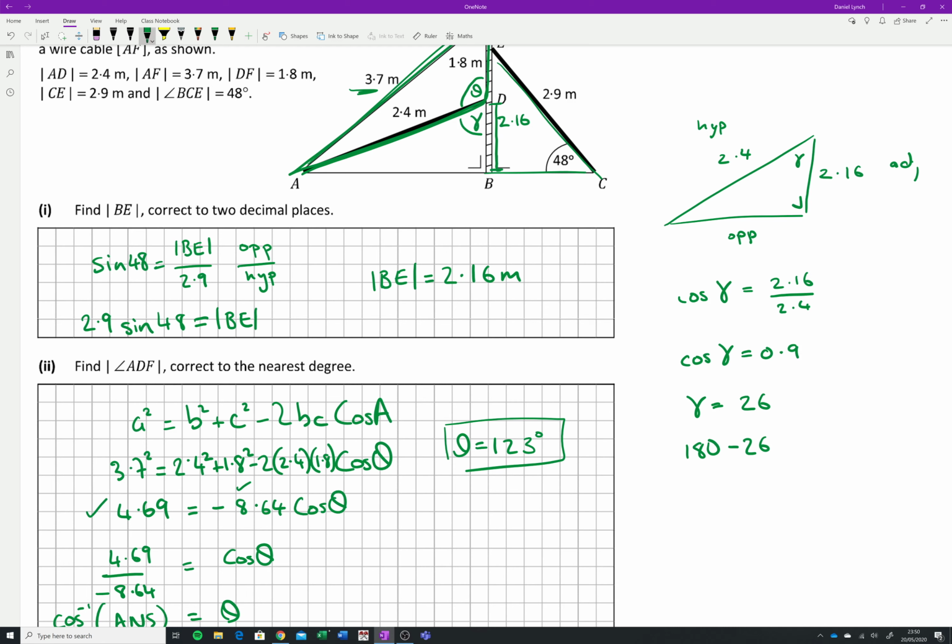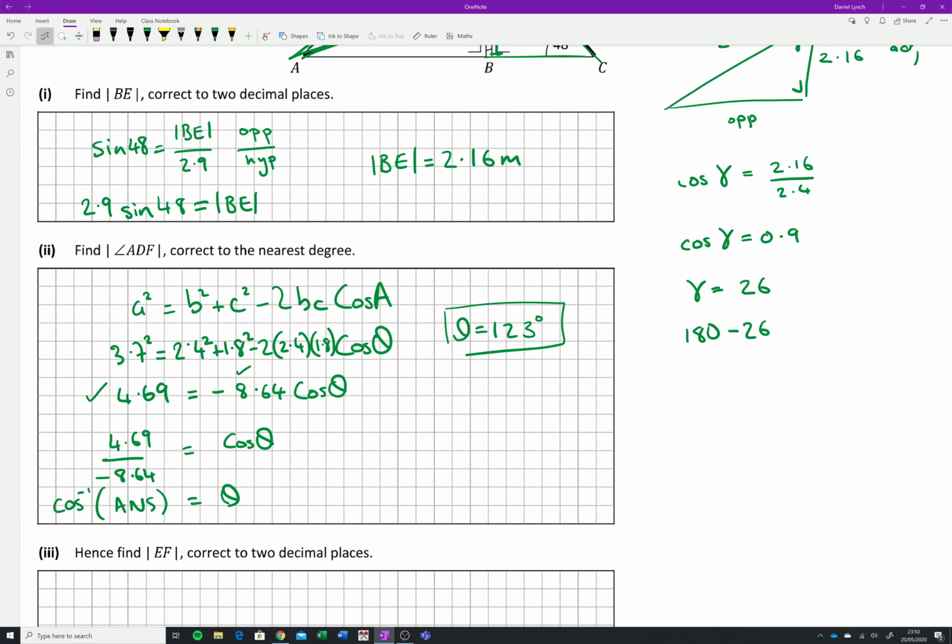Lovely. So 4.69 divided by 8.64 is that, times minus 1. And if I then do, it is the cosine rule, cos inverse of the answer, I am going to get 123 degrees.